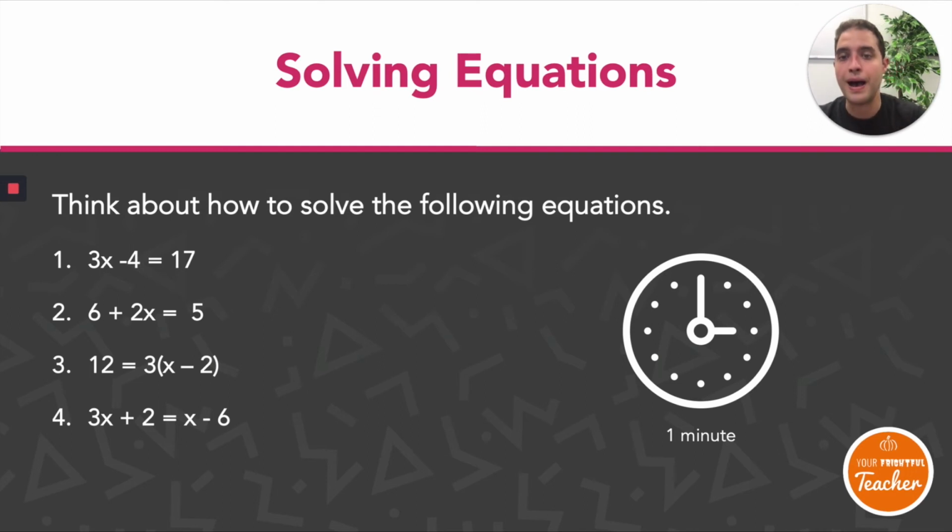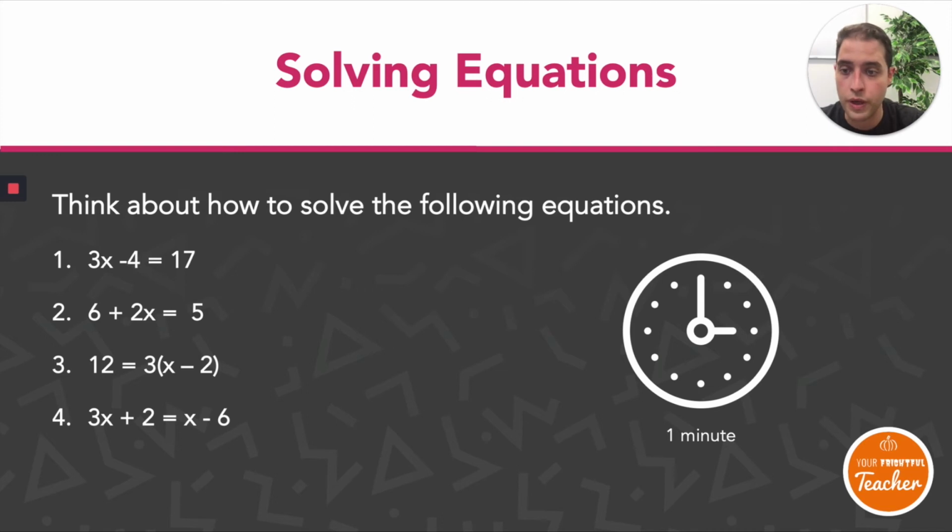So think about how to solve the following questions. Really think about it. Question 1, 3x minus 4 equals 17. How do we solve this? How do we figure out x? Question 2, 6 plus 2x equals 5. Question 3, we have brackets here. Remember that?